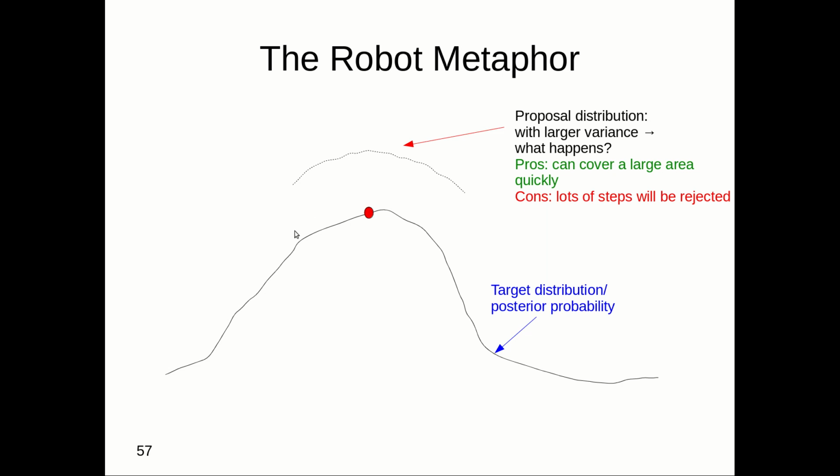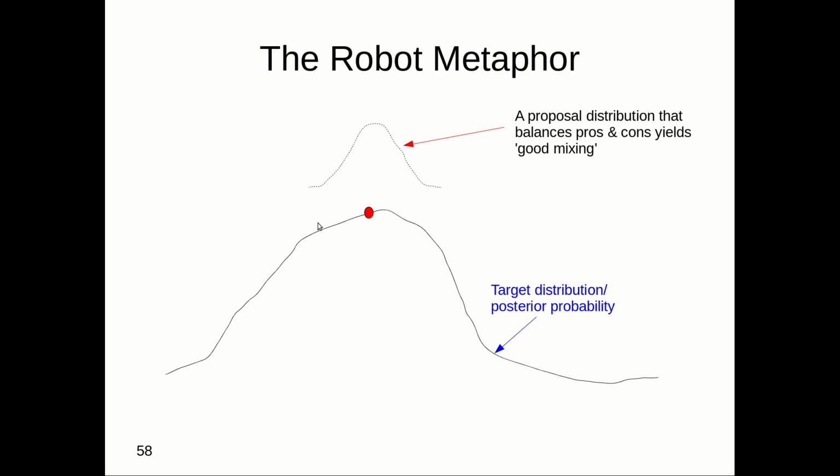The robot may go here quite frequently and see that it's at a substantially lower elevation and then go back to its initial position. So that's what rejecting a move means: the robot tries to go to a new position, evaluates the ratio of the elevations, and in most cases will then go back to its original position and then try to do a next move.